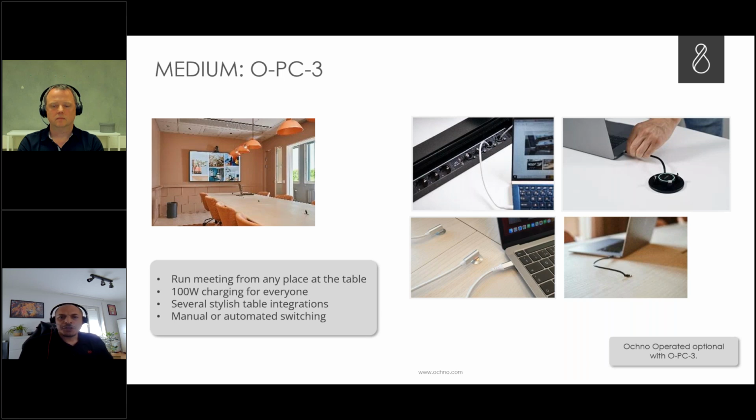Then a follow-up question from my side. If I connect my cameras and such, do I still have enough power that they will be powered as well from Ochno? Yeah, so total power is over 200 watt, and then that is distributed.